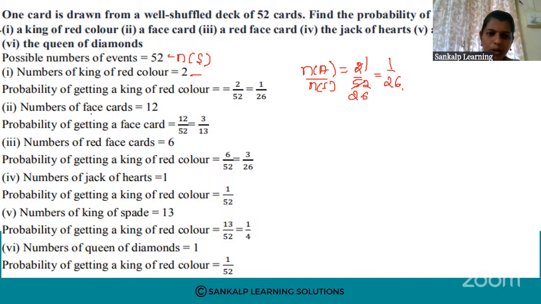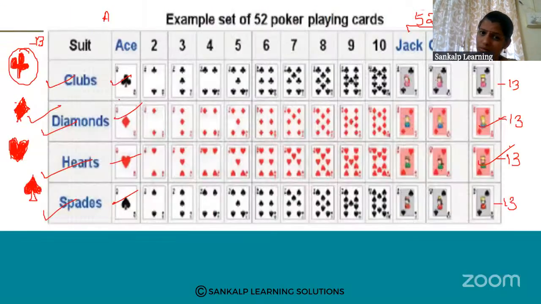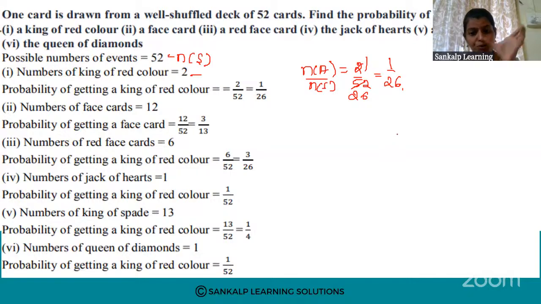Next, number of face cards. Yes, just now only I told number of face cards. How many face cards are there in 52 cards? One full set we call a deck of cards. In that, how many face cards are there? 12 cards, right? So total number of cards is 52. Face cards are 12 cards. So probability of getting face cards, this we will call it as n of b.